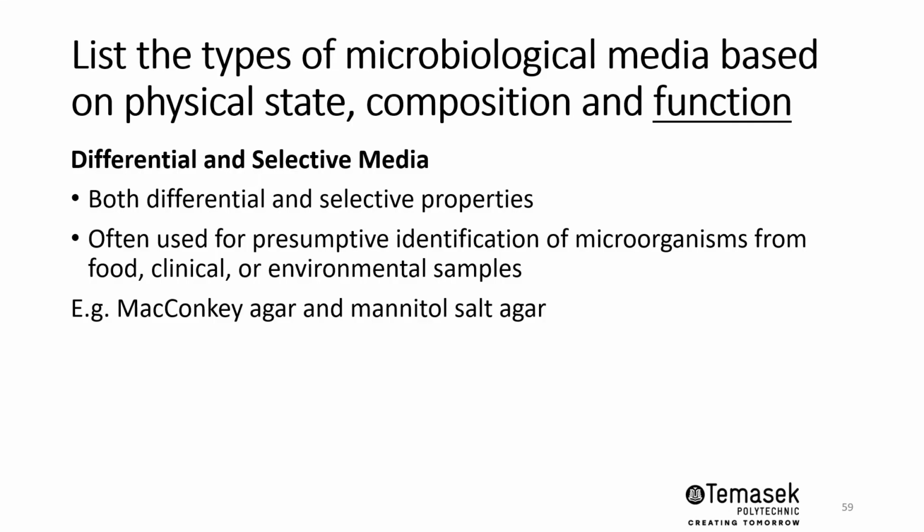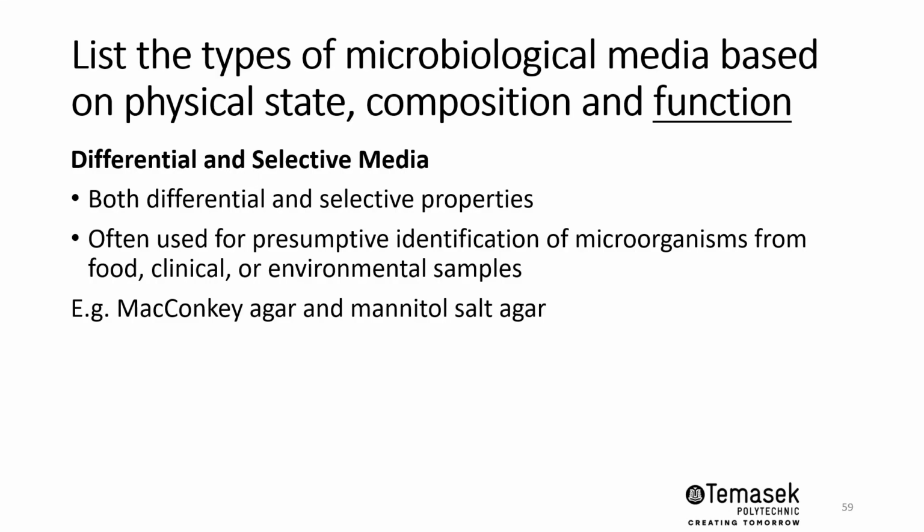As we've seen in the potato dextrose agar, it contains the constituents or substances that inhibit the growth of certain microbes and promote the growth of the others, right? So often the differential and selective media are all used for presumptive identification of microbes from food, clinical or environmental samples. Okay, some examples of this are MacConkey agar as well as Mannitol salt agar, right?